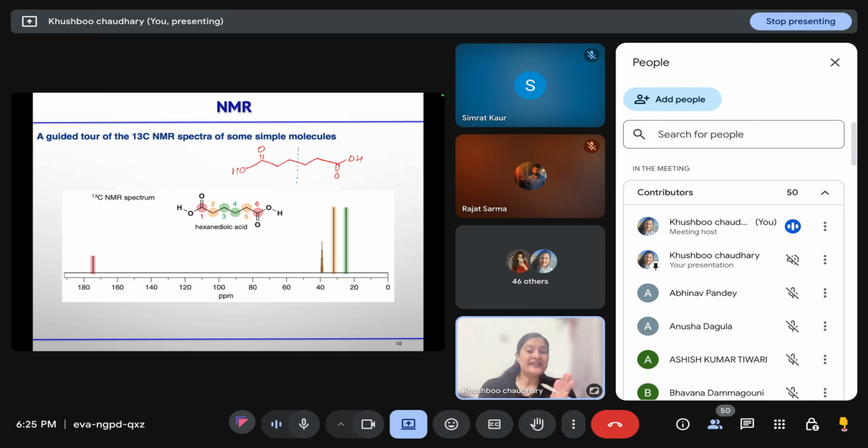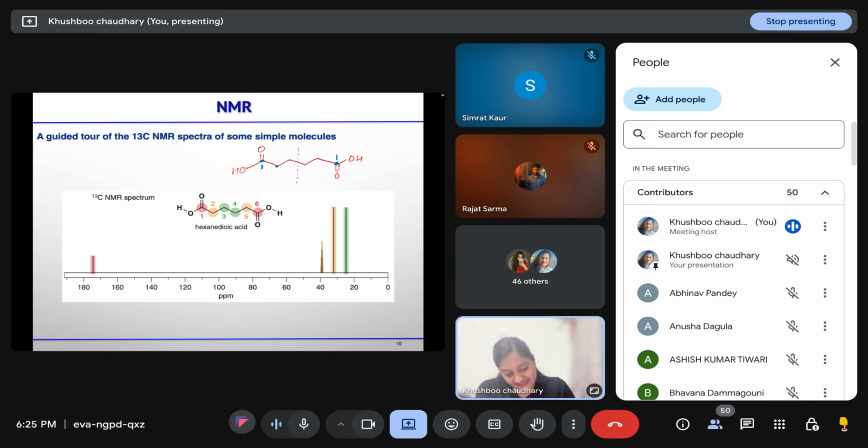For symmetrical molecules, we will get only one signal for the similar kind of nuclei. For example, this carboxylic acid carbon and this carbon are equivalent. So this is one and this is one. These both carbons will show one signal in the carbon 13 spectra.